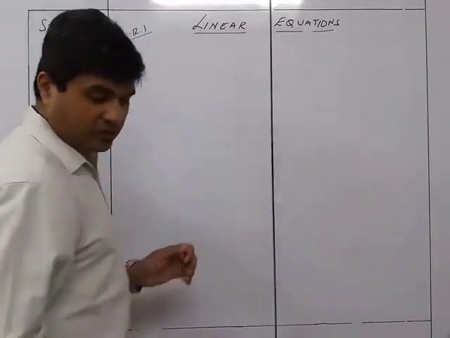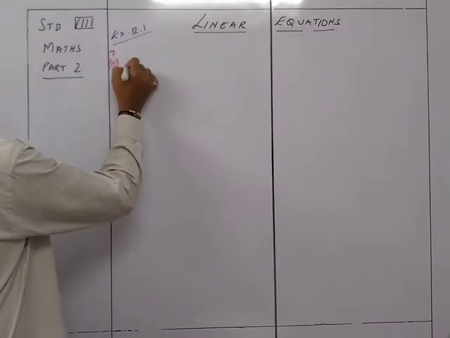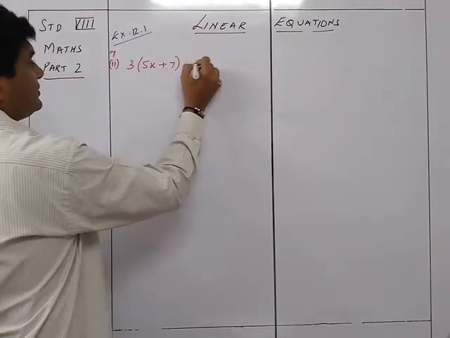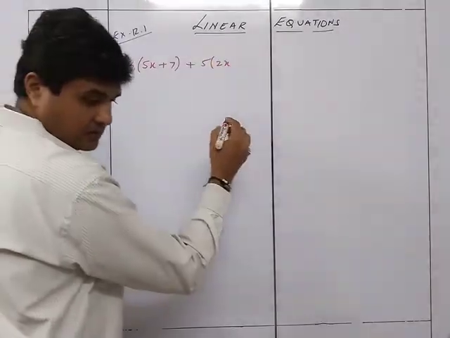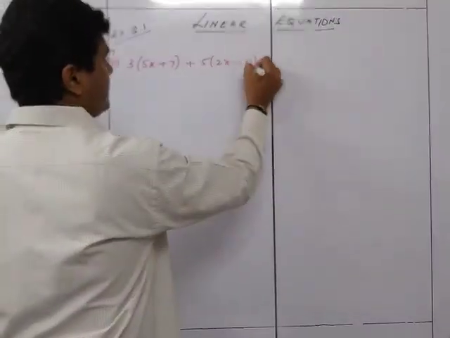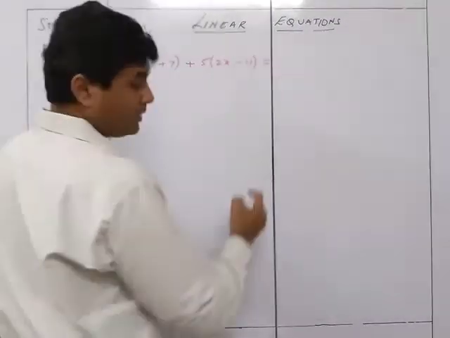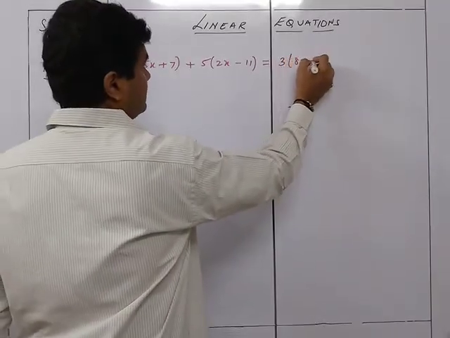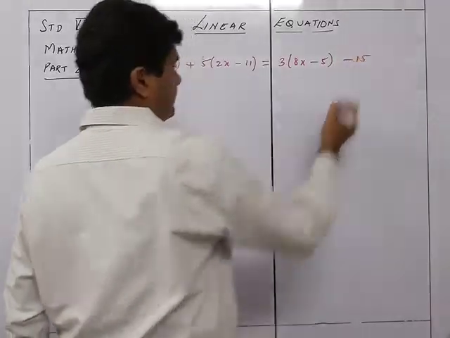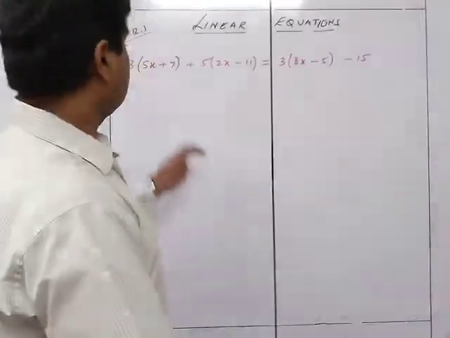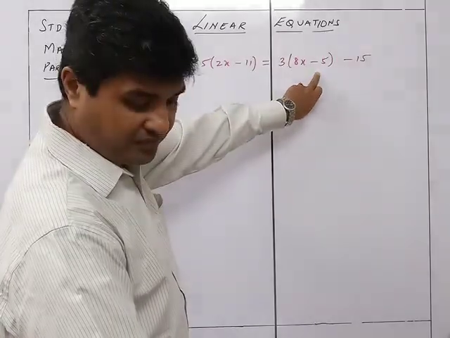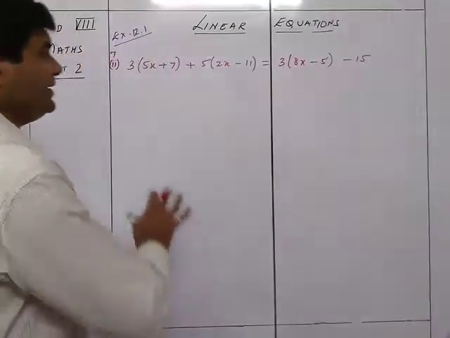I'll use both the spaces so that it's easier. Okay, there's the sum. Let's cross check. 3(5x plus 7) plus 5(2x minus 11) is equals to 3(8x minus 5) minus 15. Okay, so we now know that they are copied correctly.